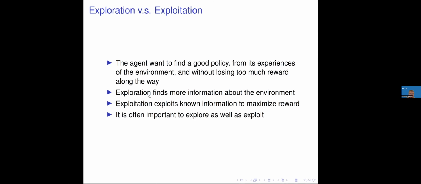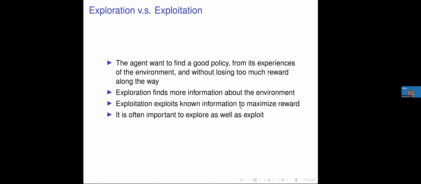So exploration means it will find more information about the environment, which means it may have to sacrifice some short-term reward, but instead it will have a better understanding about the overall environment. And exploitation means the agent will exploit the information contained in the historical data and then just take actions to maximize the immediate reward.